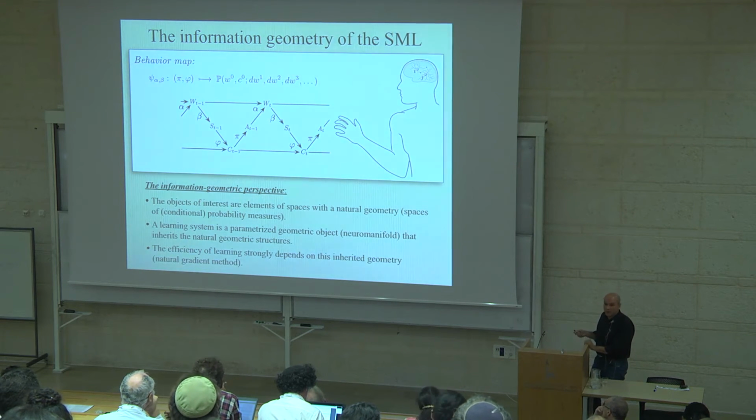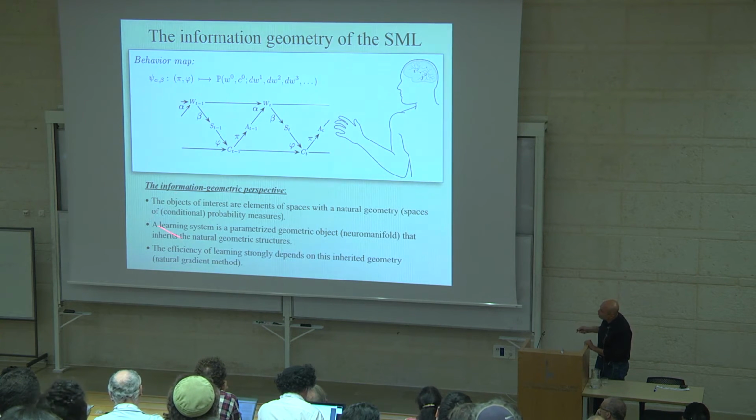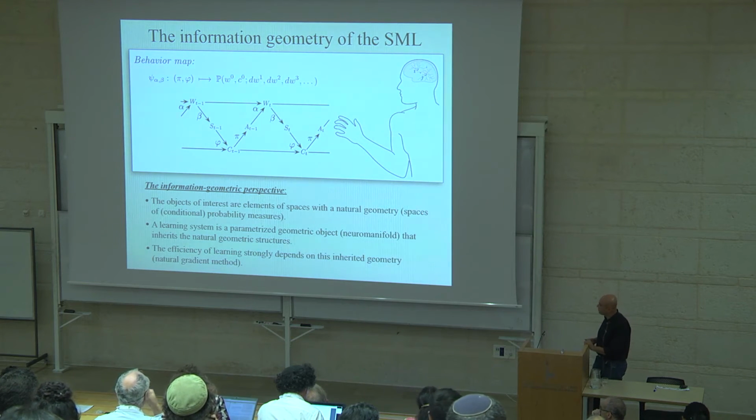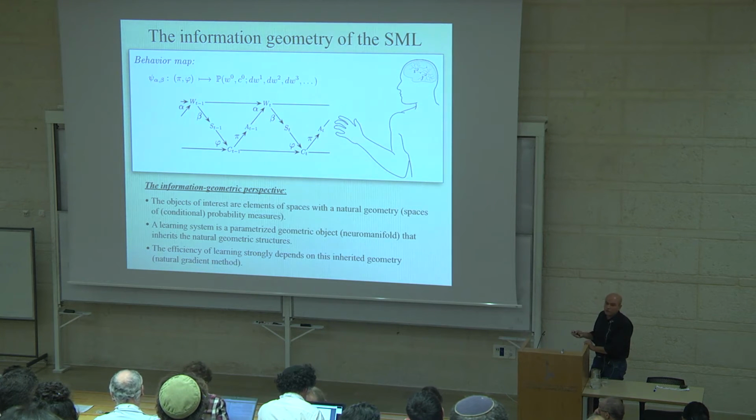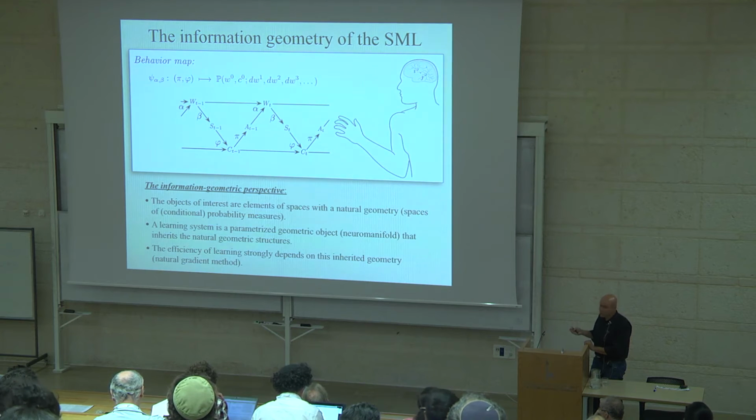I will exemplify this in the context of restricted Boltzmann machines. But before I continue with restricted Boltzmann machines, let me say a few words on the information geometric perspective of learning systems. Within information geometry, you model the learning system as a manifold.